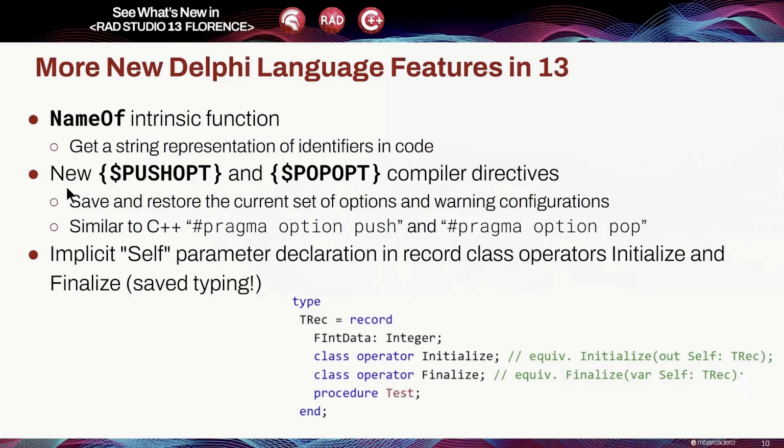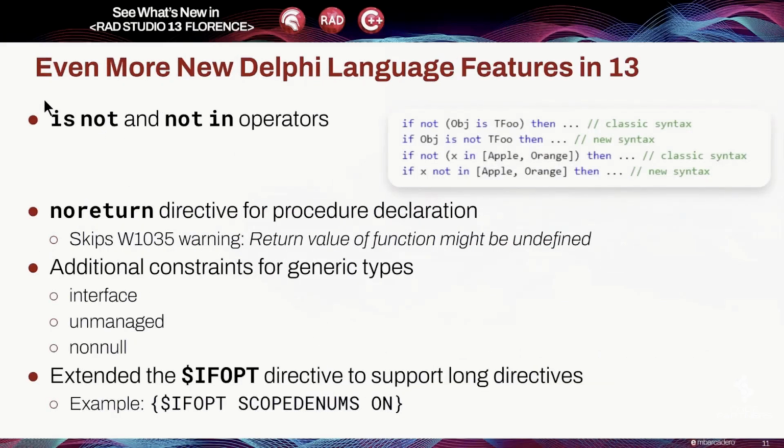There is an explicit set parameter available in record class operators initialize and finalize, used for creating custom managed records, which simplifies the syntax because it avoids having to explicitly indicate the out and var parameter of the two operators. We also have another syntax helper, which is new operators is not and not in. Again, it's not just a slightly different syntax, it's making the code more readable and introducing an operator that combines two different operators in one.